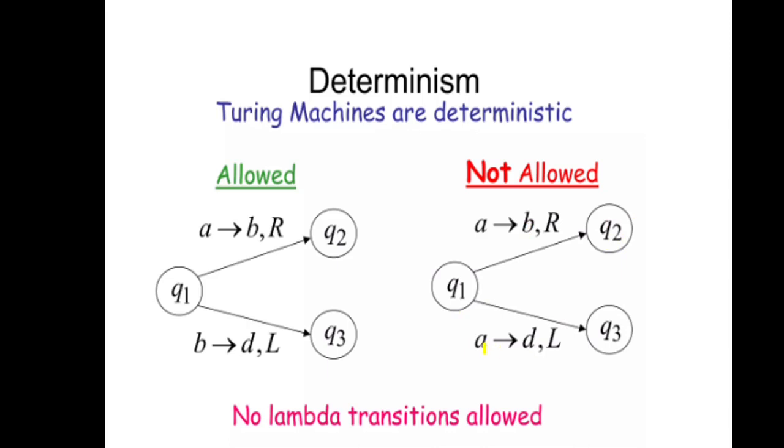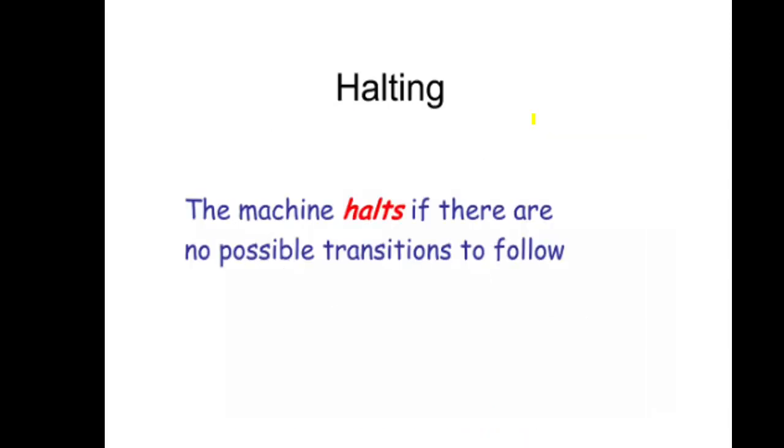A is the current symbol, and suppose it gives the output symbol D and moves left. No lambda transition is allowed here, only the original process, because it is deterministic. No empty symbol can be allowed. So this is the process.